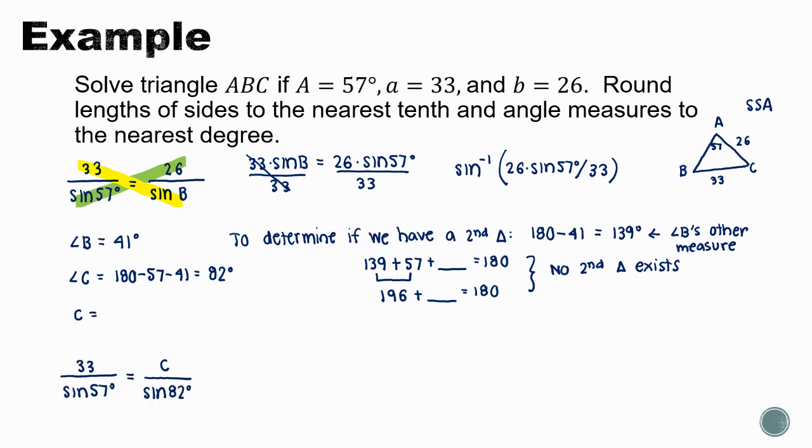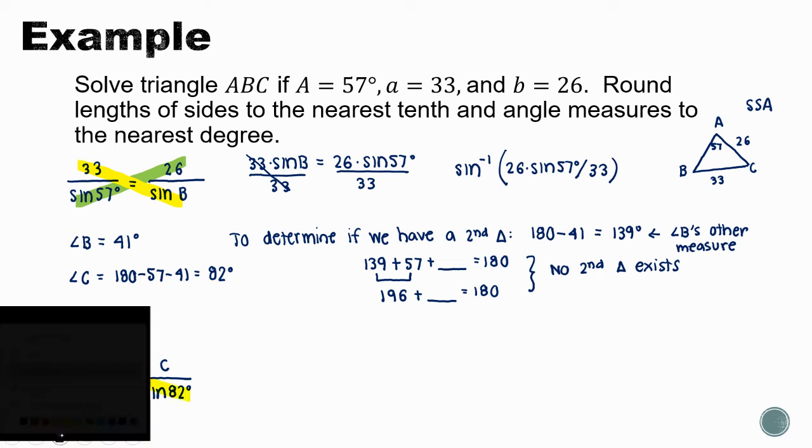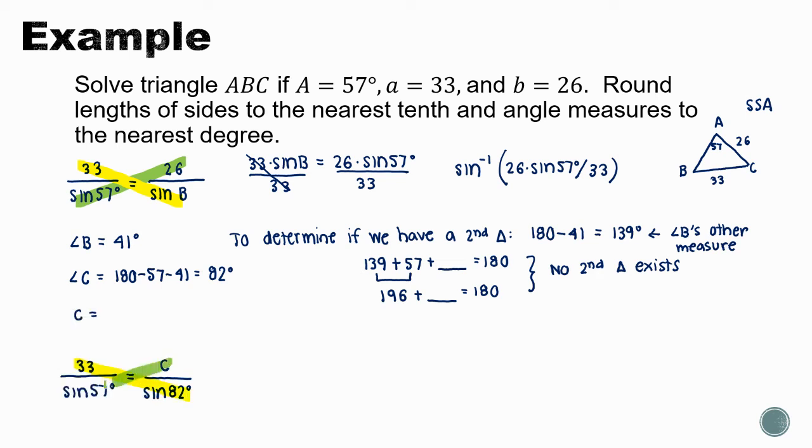So we are now going to cross multiply. That gives us then 33 times the sine of 82 degrees to equal C times the sine of 57 degrees. We'll divide both sides by the sine of 57.